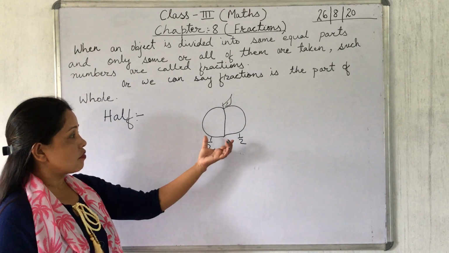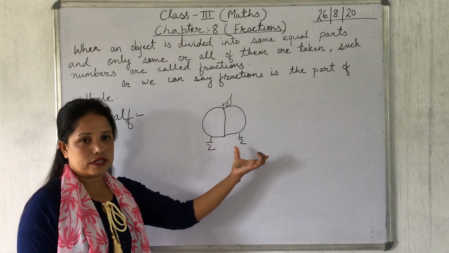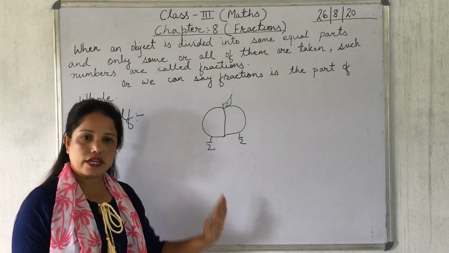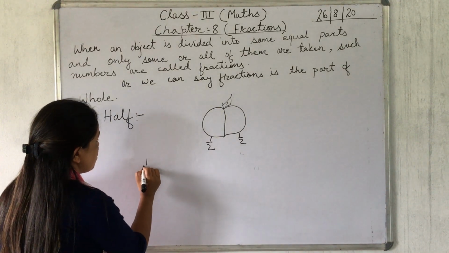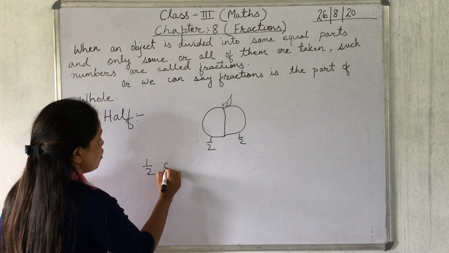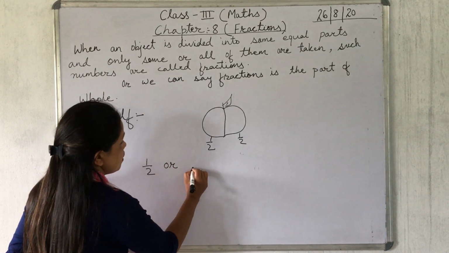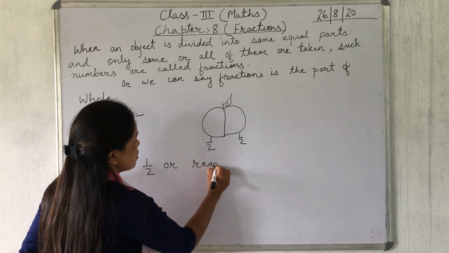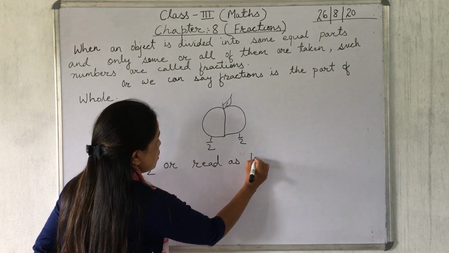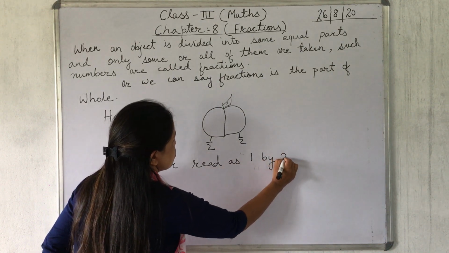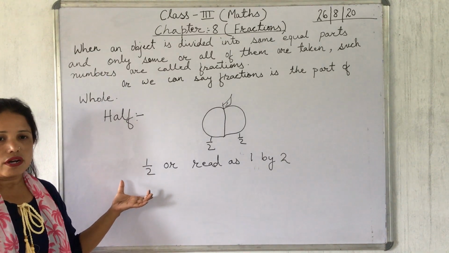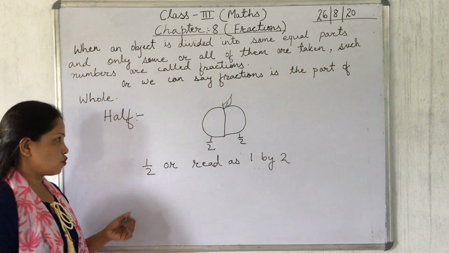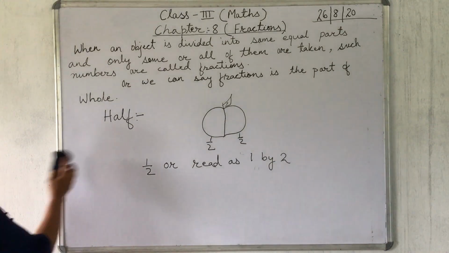It is divided into equal parts. So we can write this as 1 by 2, or read it as 1 by 2. This is called a half.